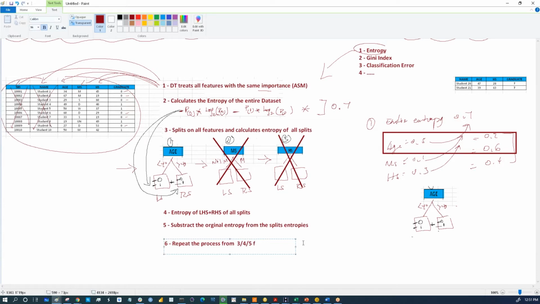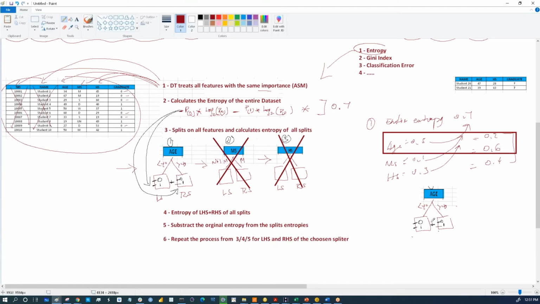For the left-hand side and right-hand side of the chosen splitter. So what is the chosen splitter here in this case? Age. So now it's split on age, and we got some values.